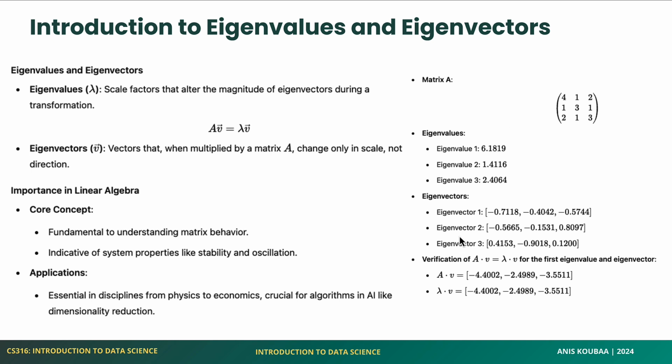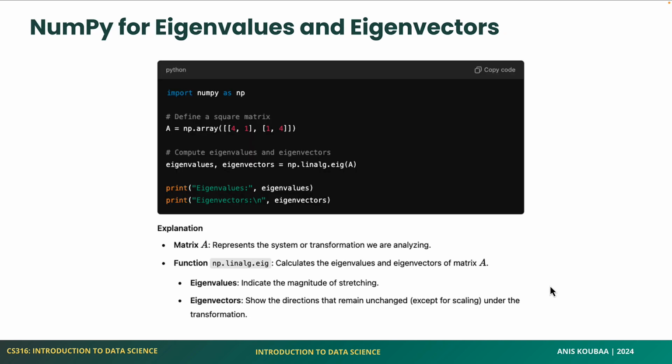And the corresponding eigenvectors: this is eigenvector 1 that corresponds to eigenvalue 1, and this is 2, and this is 3. Now, if you do this equation, AV is equal to lambda V, it's going to be satisfied. This is the vector that results from the matrix multiplication by the vector, and this is also the values that result from lambda multiplied by V. So basically, they are exactly the same.